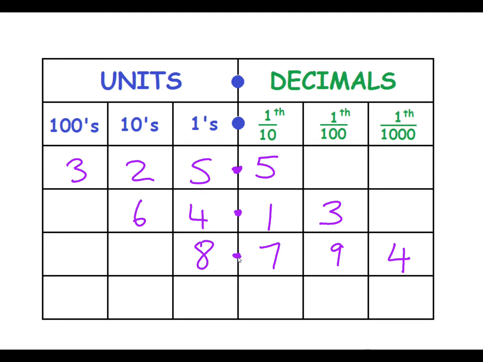The decimal point separates the whole numbers from the parts of numbers, the fractions of numbers, and this fraction is 794 over 1,000. So the decimal denominator is dictated by how many decimal places you have. So 1 decimal place is tenths, 2 decimal places is hundredths, and 3 decimal places is thousandths.